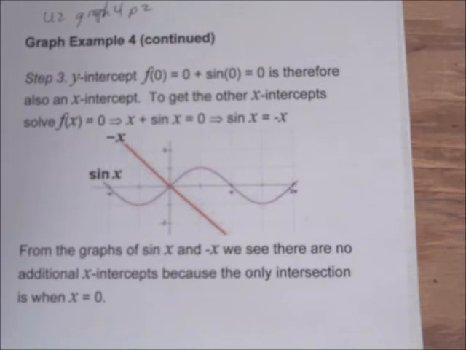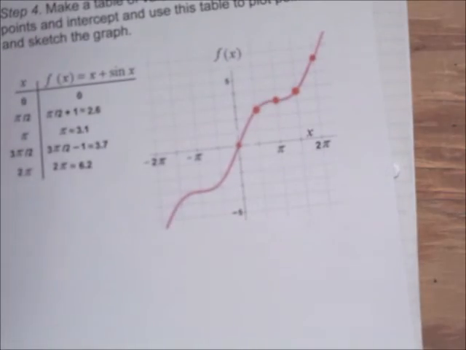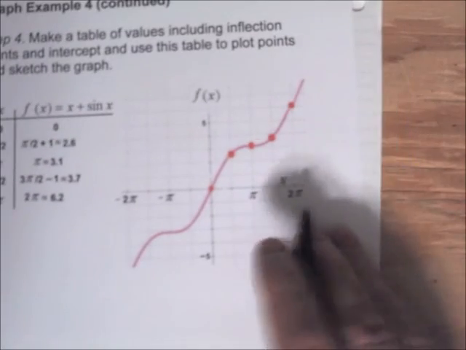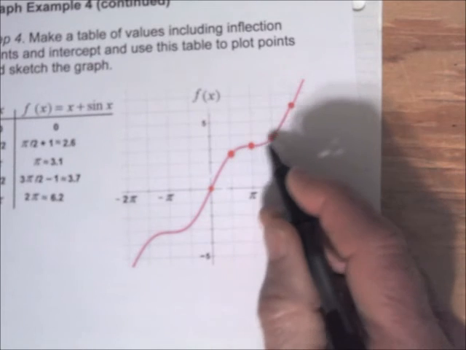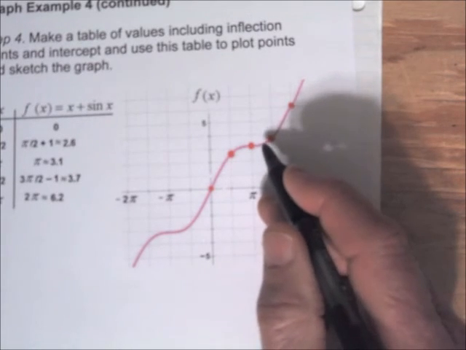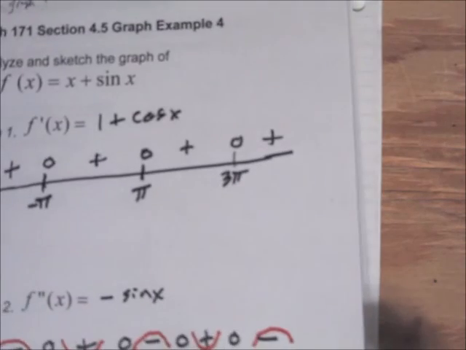And then you can just plot some points and sketch the graph. Okay, I just plug in some points and sketch the graph, and we can see that in no place does it have negative slope. The slope is either positive or 0.